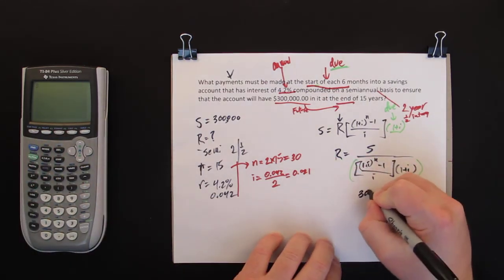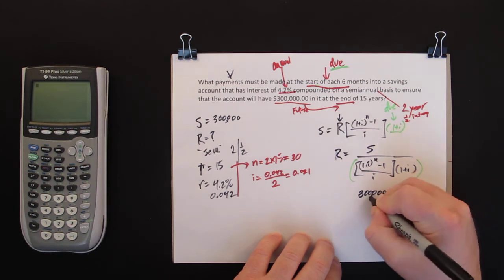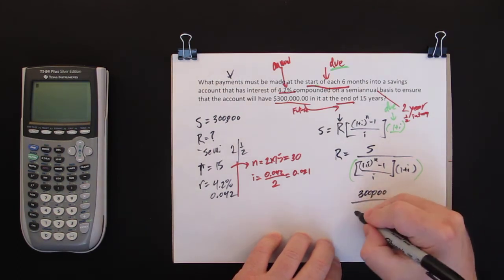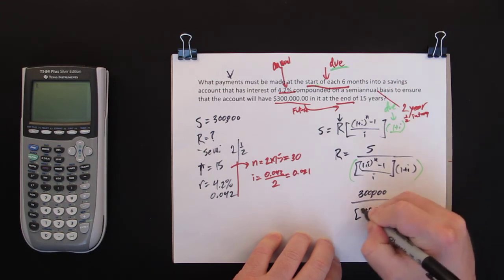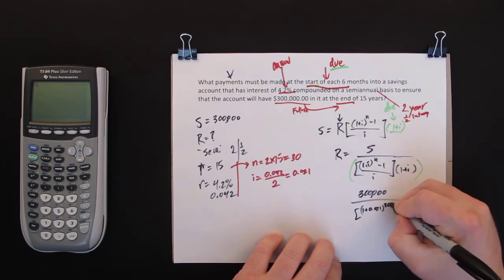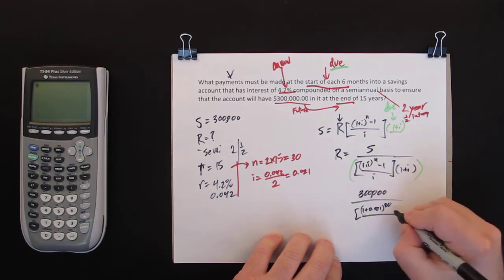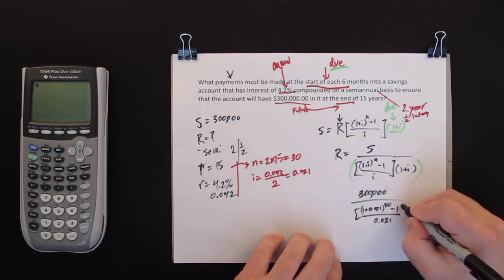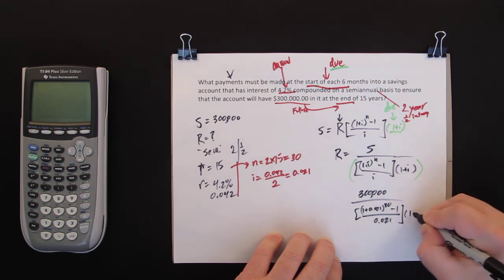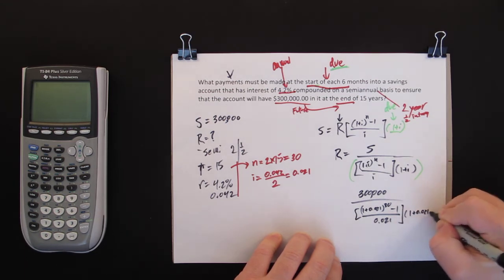So 300,000 divided by 1 plus 0.021 to the 30th minus 1 over 0.021. Then multiply that by 1 plus 0.021.